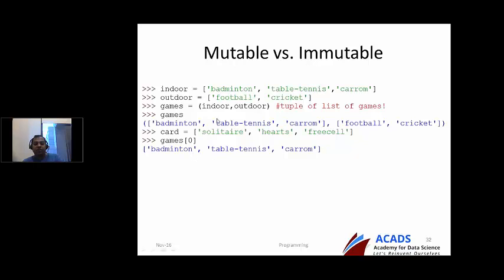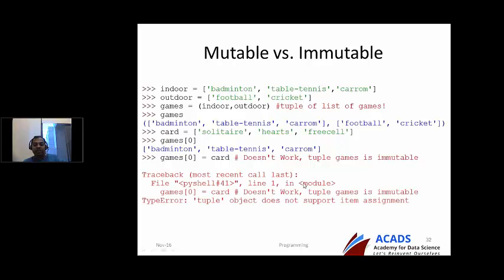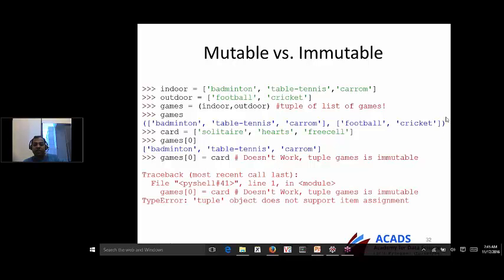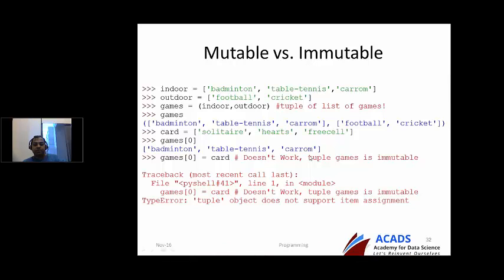It gives the contents of the first component, which happens to be indoor games: badminton, table tennis and carom. Note that games is a tuple. So if I want to change games[0] to card games, this will not work. The simple reason being, the games tuple is immutable. Python will throw back an error saying that the tuple object does not support assignment. So even though I can print the item, I cannot change it.